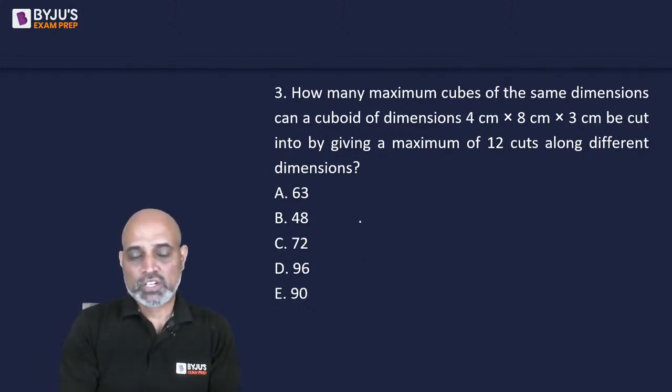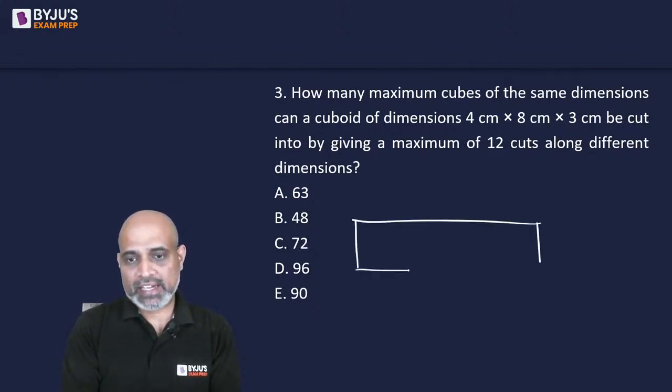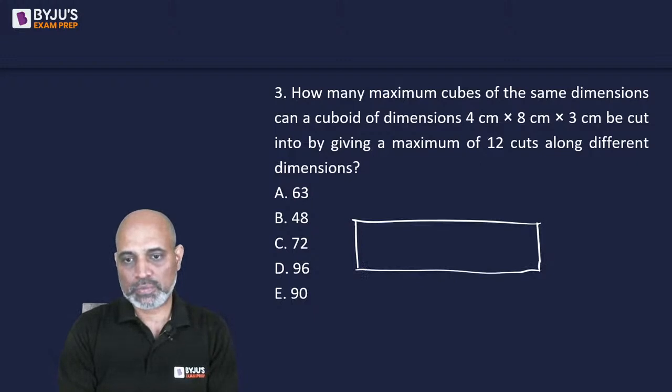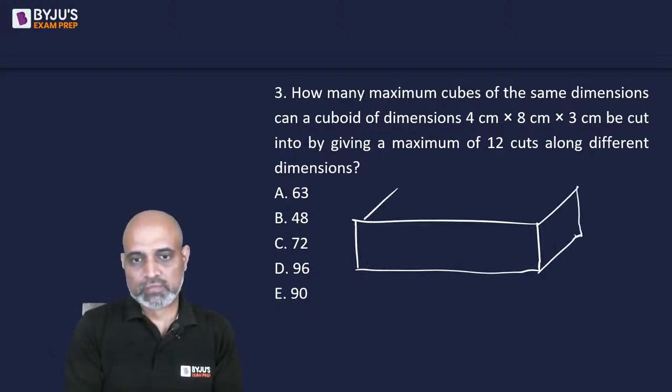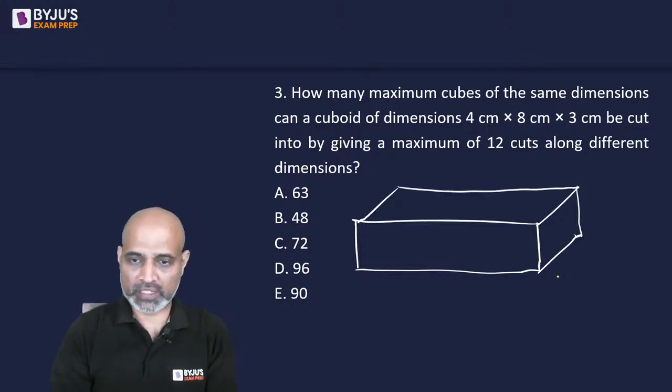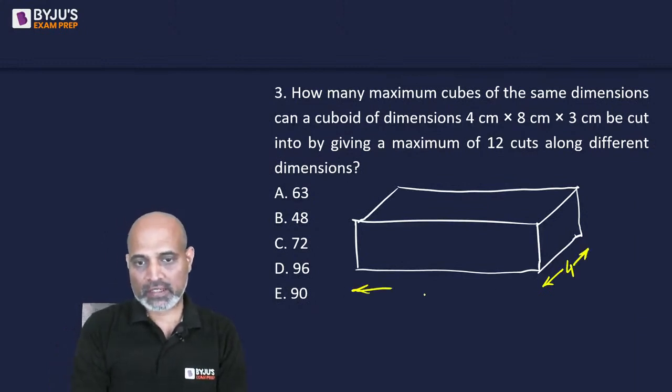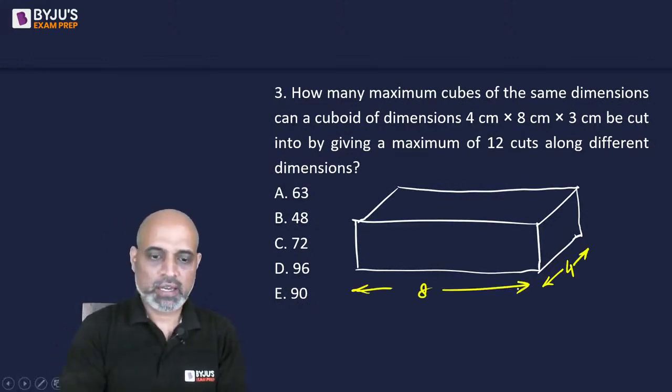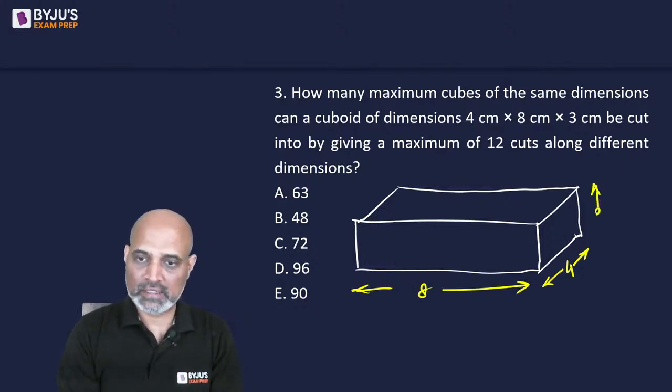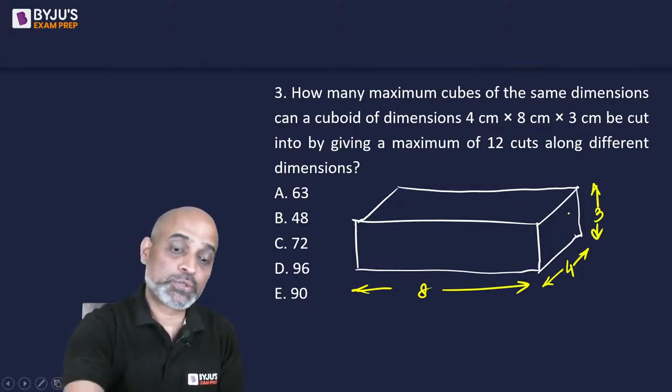Okay. So if I consider this to be 8, this to be 3 and this to be 4, ye cuboid. Okay. So I'm assuming this is 3. Sorry, this is 4. This one is 8. And then the height is 3. Now I have to make 12 cuts.